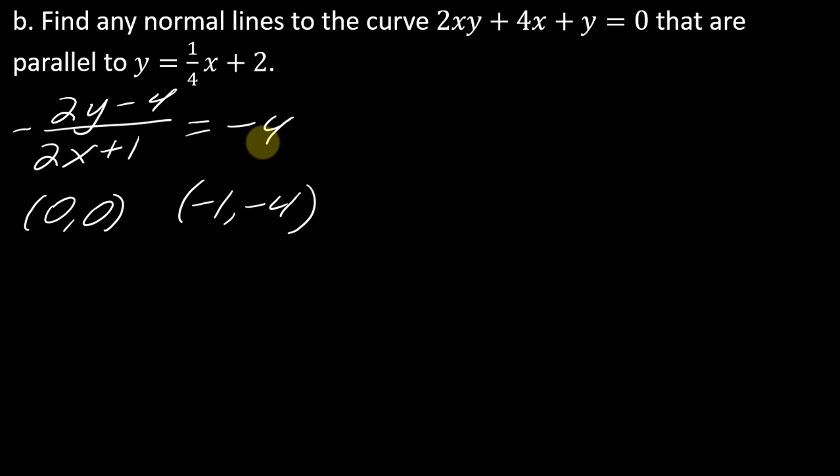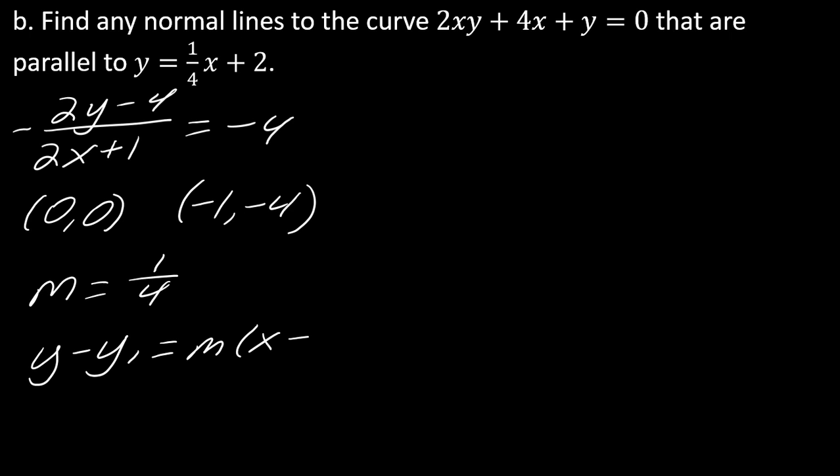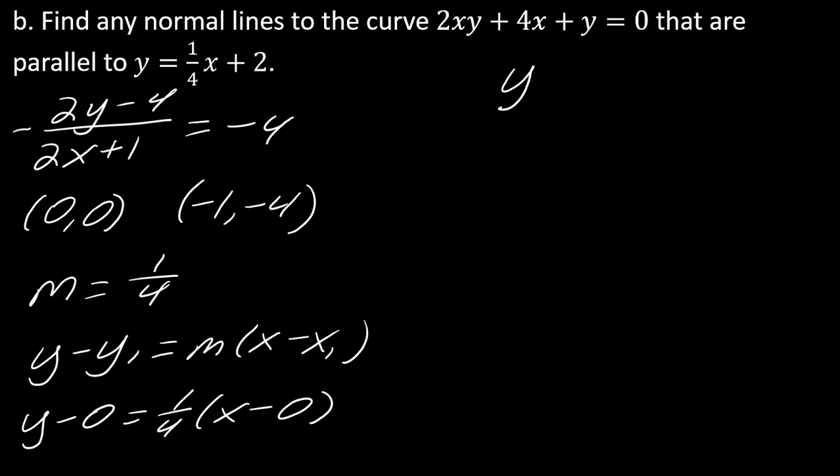So if my tangent line has a slope of -4, then the normal line will have a slope of +1/4. And now I've got my slope and I've got my point, and I can do this twice. I can use my point slope form here and basically just plug these points in. So I can plug in 0, and the equation of one normal line will be y equals 1/4 x.